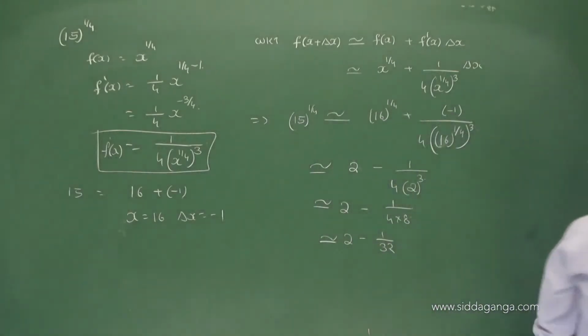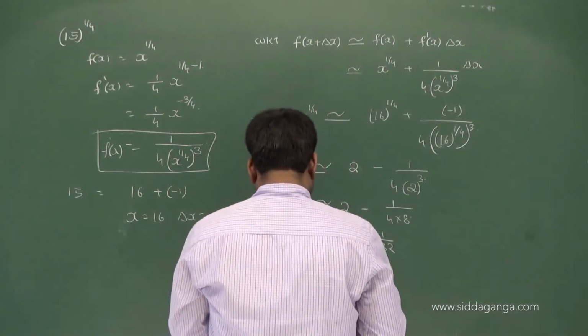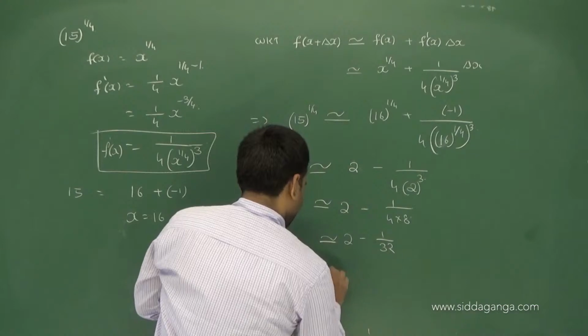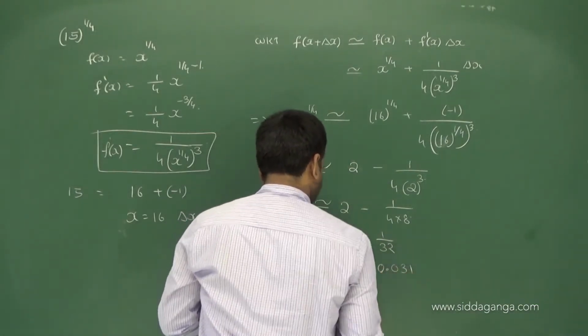Divide and simplify. 1 divided by 32, 2 minus 0.031.